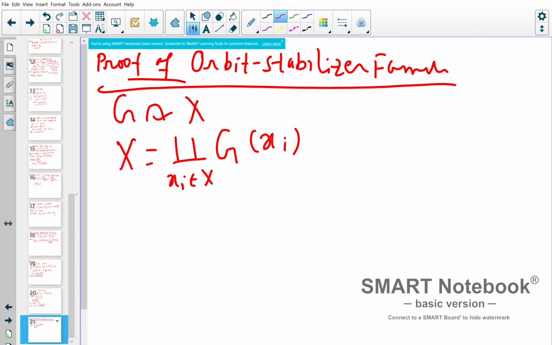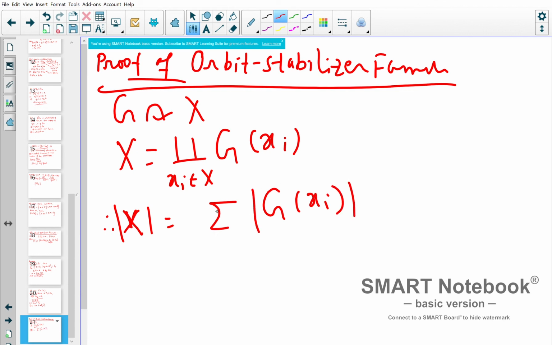Now if you have to count the number of elements of X, then the number of elements of X will be equal to the sum over the number of elements of Gx_i. And here the sum is a disjoint union sum.